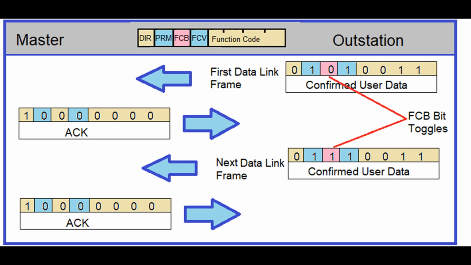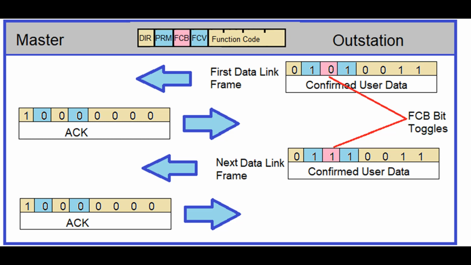The master expects the FCB bit state in the next message to toggle from the state it had in the current message. The outstation gets the ACK and sends the next frame with the FCB bit toggled. The process continues until the entire application message is sent.